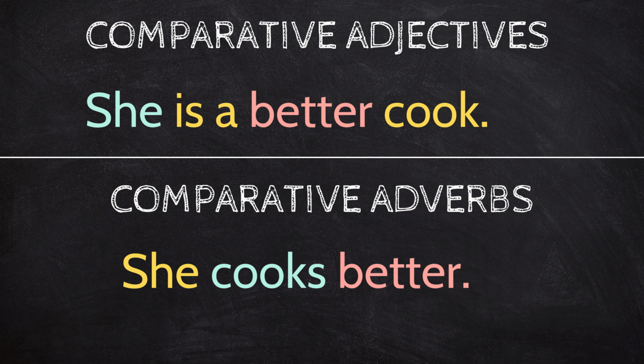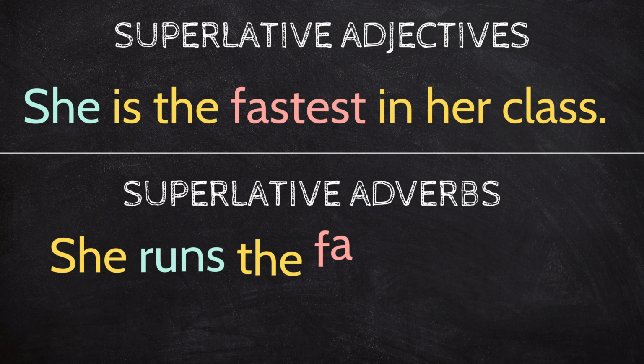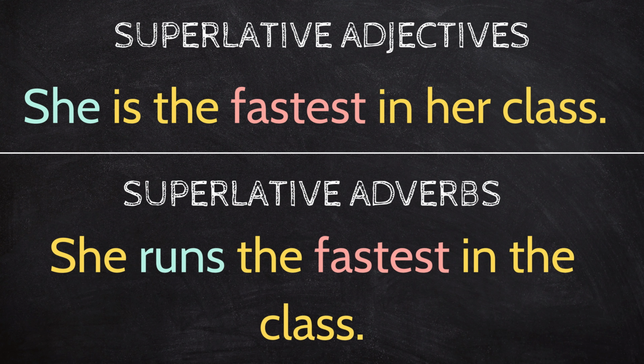Next, let's see the superlative adjective and superlative adverbs. So, superlative adjectives. She is the fastest in her class. The focus is on the noun, which is she. It is basically a pronoun, but it is focusing on the word she. That's why we have named the word fastest here as a superlative adjective. But in the second sentence, we are saying she runs the fastest.